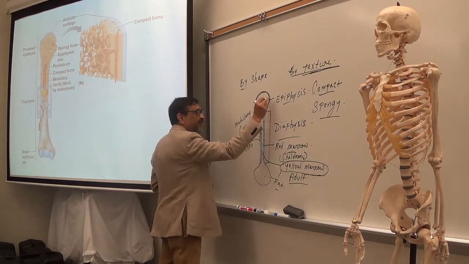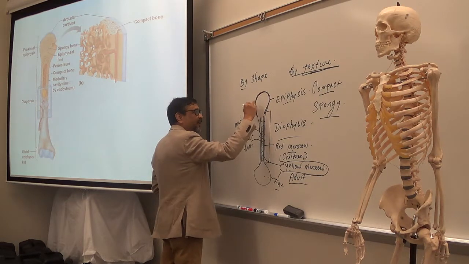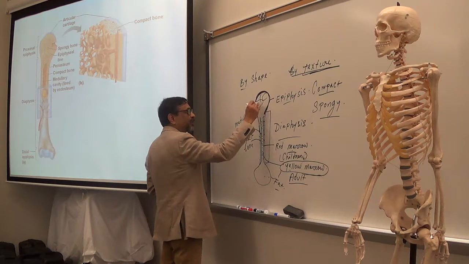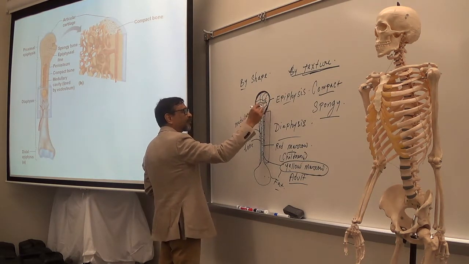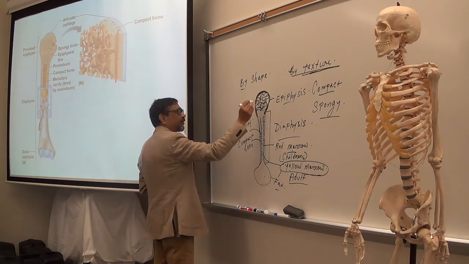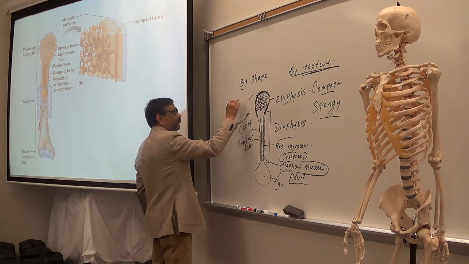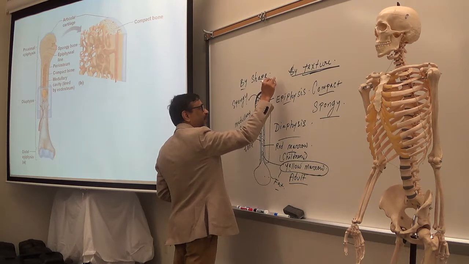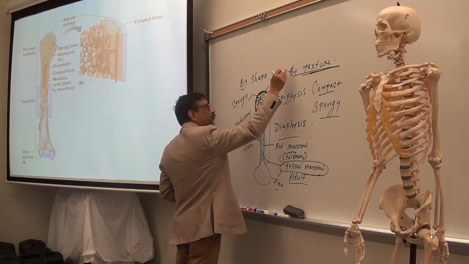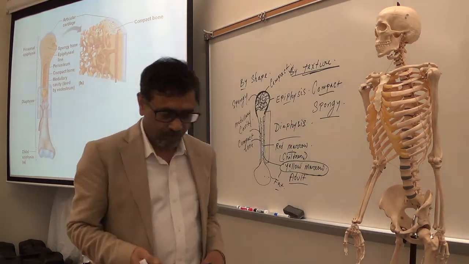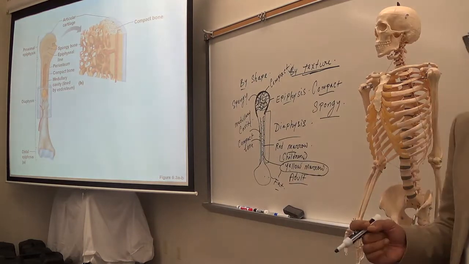This is the compact bone, a thin layer of compact bone that covers the ends, but inside you will find spongy bone, trabeculae. These are called trabeculae. The process is like this. Okay, spongy inside, and only the covering is compact. Okay, but most part is spongy. That's why it is soft. You can easily crush it.